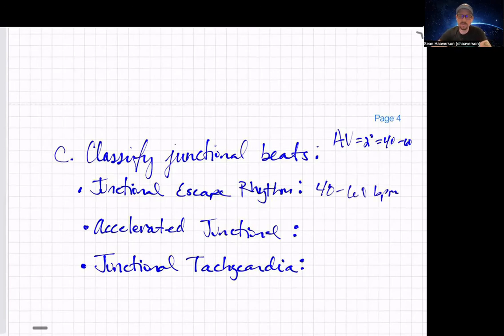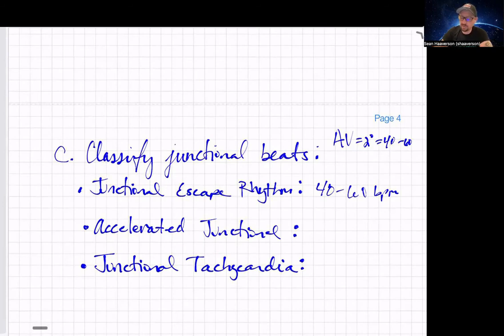So we'd expect its rate to be between 40 and 60 beats per minute. Accelerated junctional is going to be a little bit faster rate, so you get the idea, accelerated. But notice, it's not junctional tachycardia. So it's going to be a beat per minute range between junctional escape rhythms, 40 to 60 beats per minute, and tachycardia. In the adult, we would classify tachycardia as greater than 100 beats per minute.